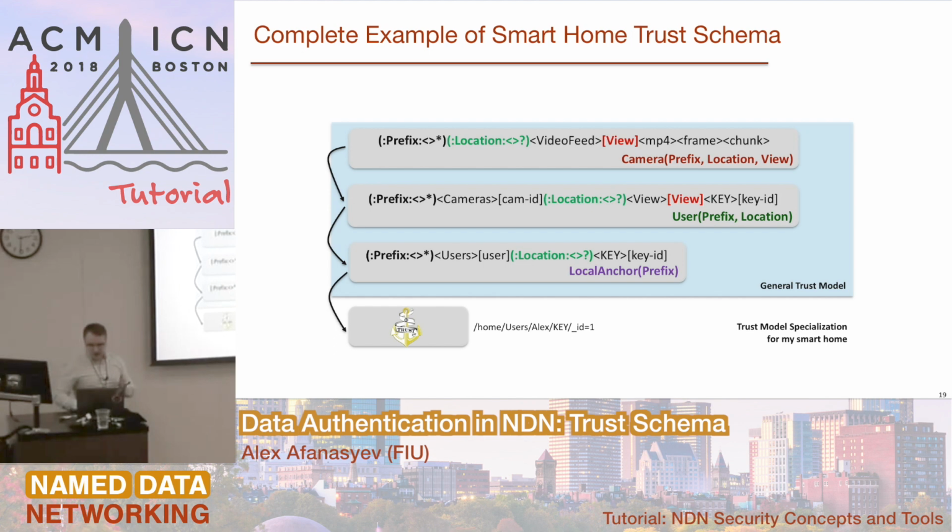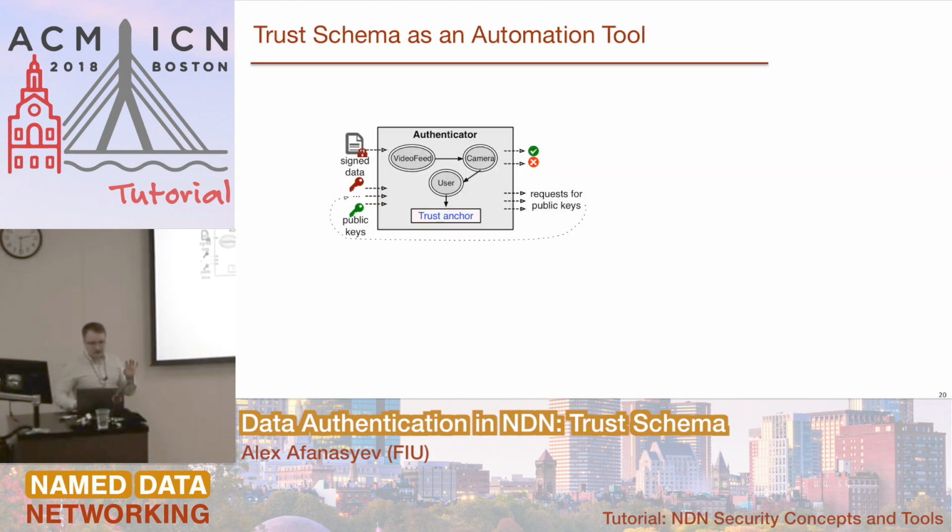So what I have been talking about at this point was the verification part. Given this name, you got the data. Given signed data, there is a set of rules executed by the computer using the trust schema as input.